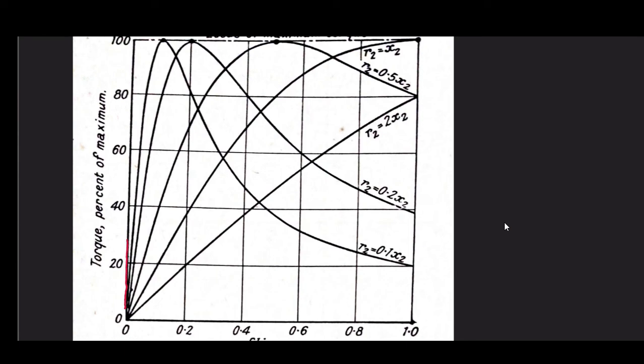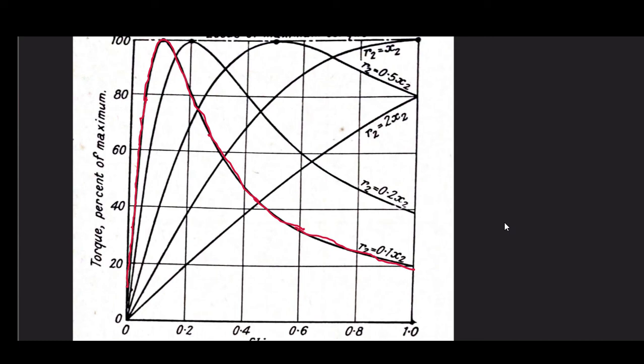In any book like Theraja, Bimbhra, and Nagrath Kothari, then your YouTube channels and other videos, you will get a curve like this. But only a few people will make you understand why we are getting this kind of curve.